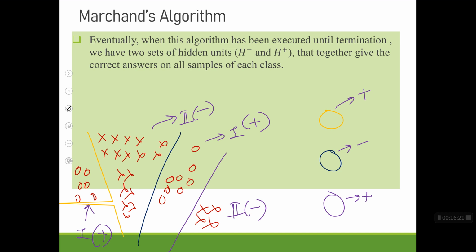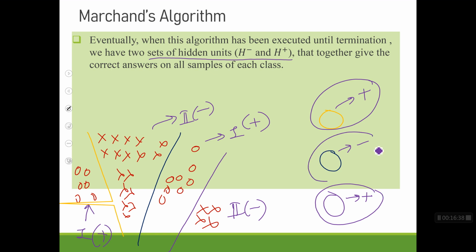So what happens is that at the end of the problem, you will have two sets of hidden nodes. One is the set of all the hidden nodes which are classifying into class plus, and the other is the set of the hidden nodes which are classifying into class minus.